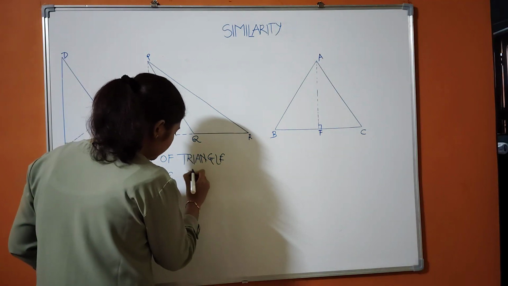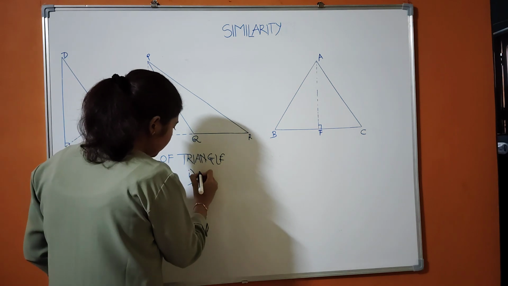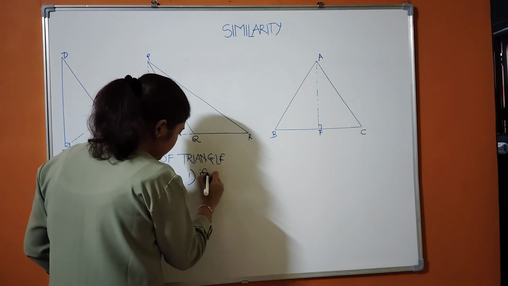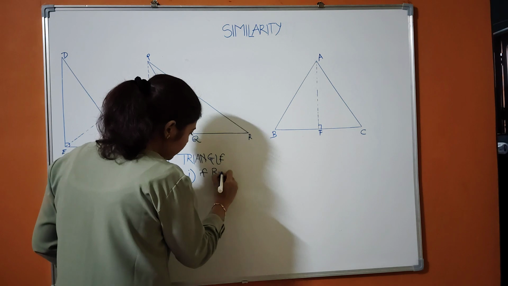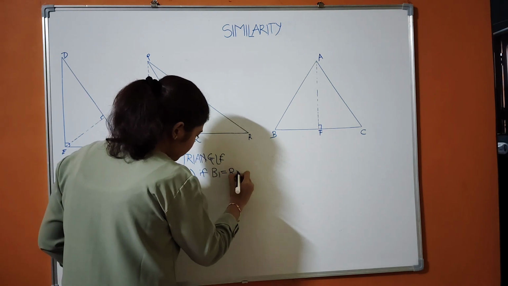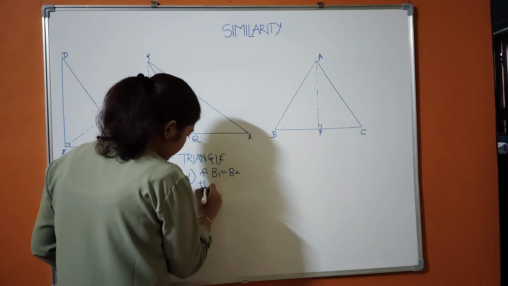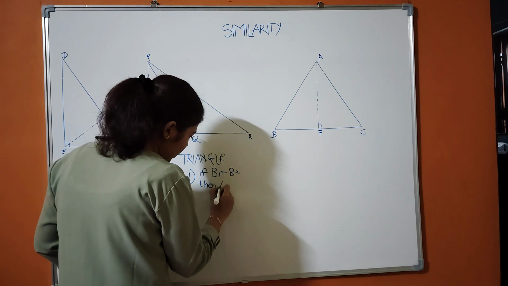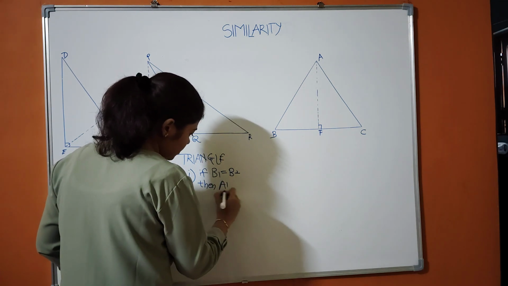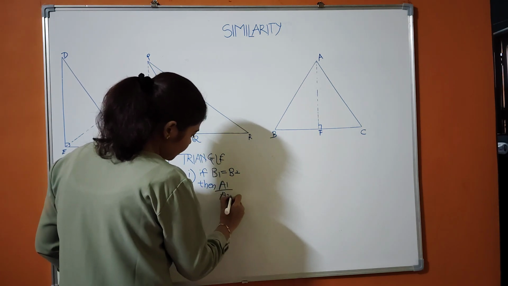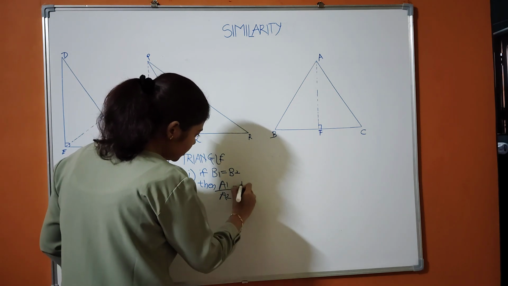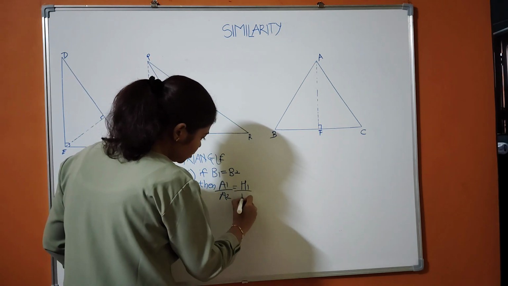First sub-property of area property of triangle. If B1 equals B2, then A1 upon A2 equals H1 upon H2.